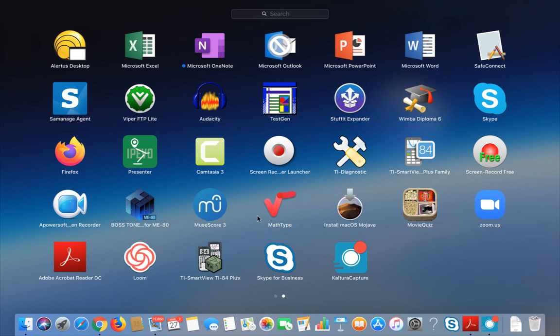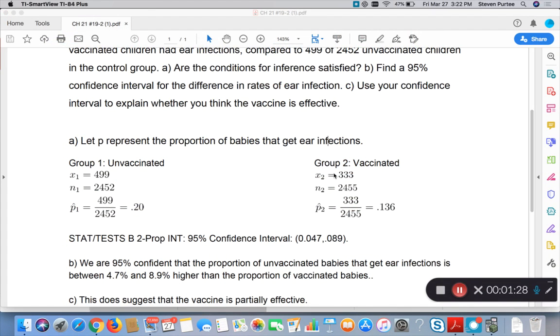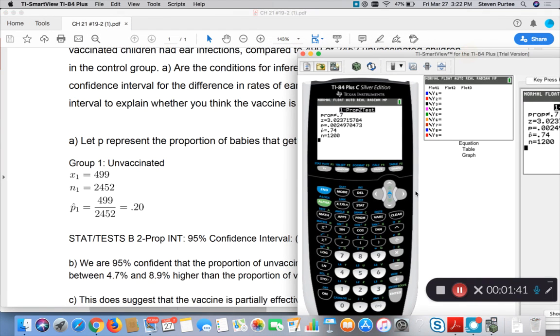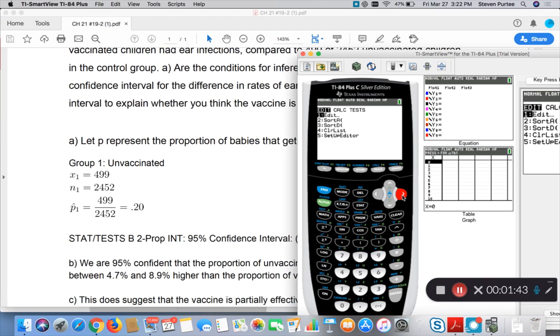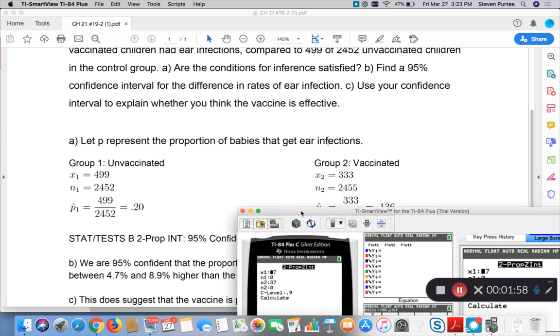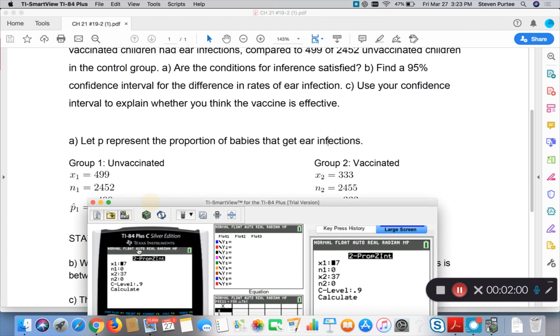Then we pull out our fancy calculator. Calculator does all the work for us. So we'll go stat, over to tests, and we want to go to B. And we're just going to type in all 6 of our numbers, the X's and the N's.